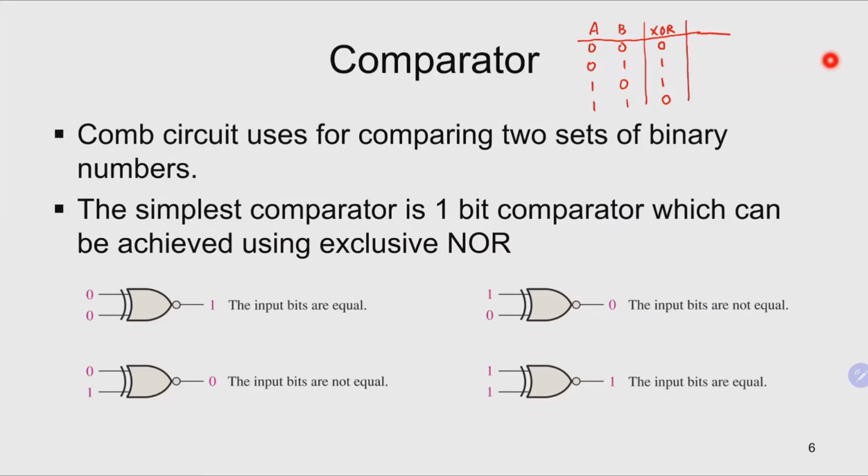And then not exclusive OR. We call it XNOR. Then it is 1, 0, 0, 1, which is we invert our exclusive OR.